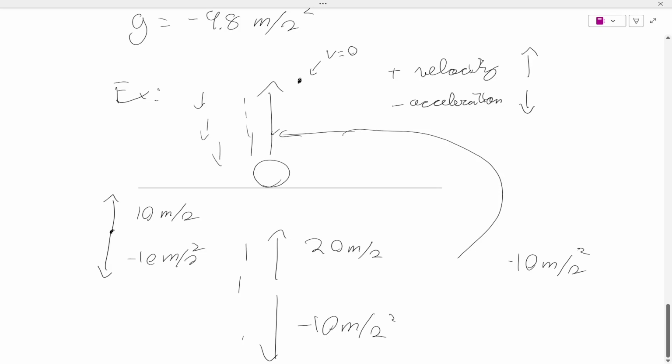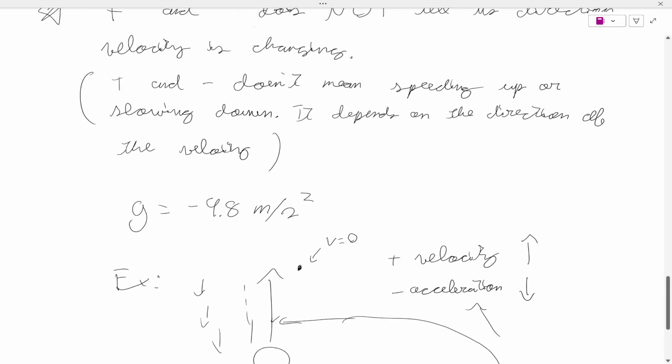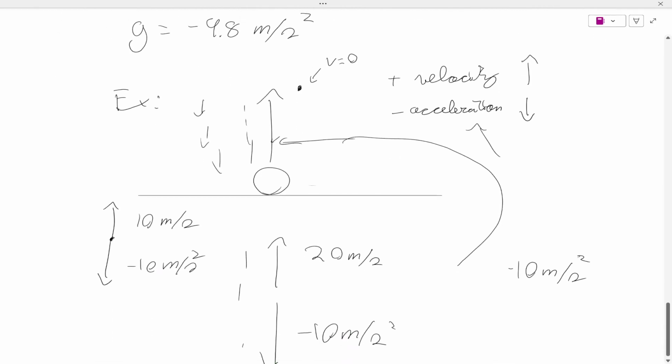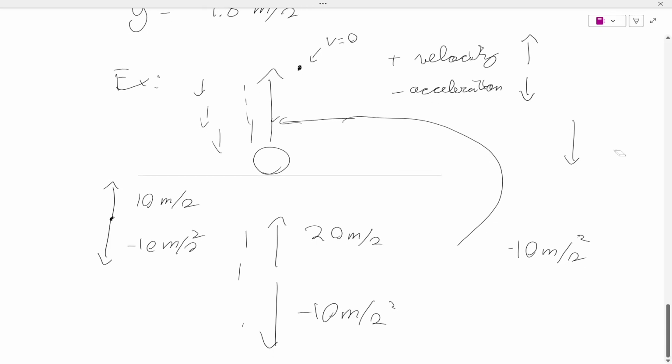Acceleration means the change in velocity. So if something is accelerating downwards, the velocity will start changing as well, going downwards. That's why it comes down fast too, because the acceleration is pulling it downwards, so the velocity is going downwards too.